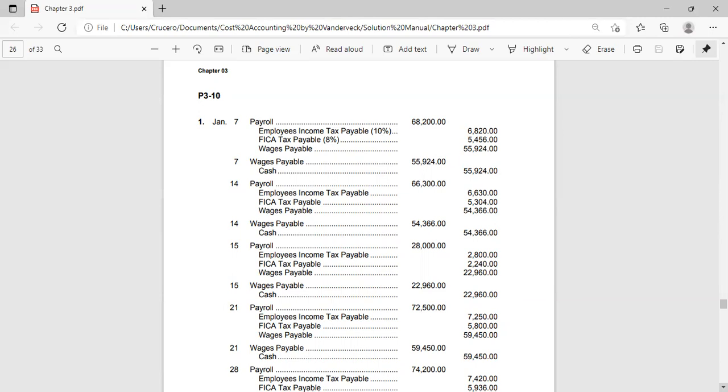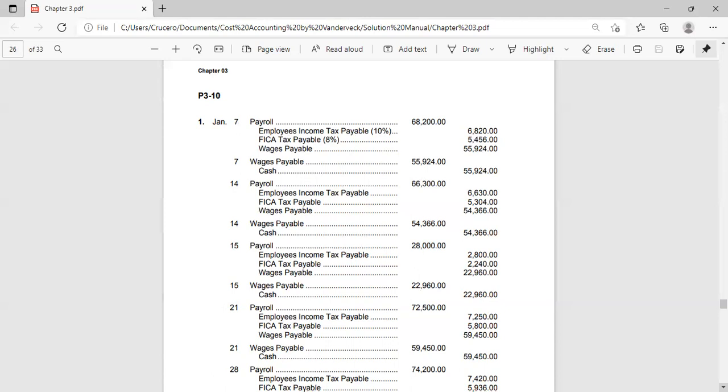So we now debit payroll 68,200, credit employees' income tax payable at the rate of 10%, FICA tax payable at 8%, and wages payable or accrued payroll is the balancing figure, which amount is paid on January 7. Then that's upon the issuance of the check.